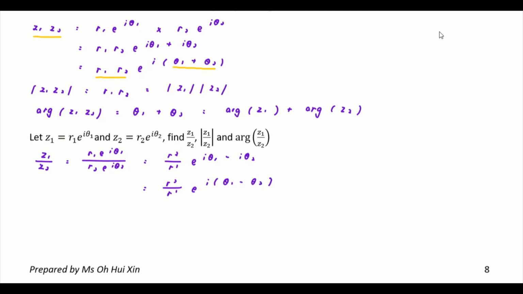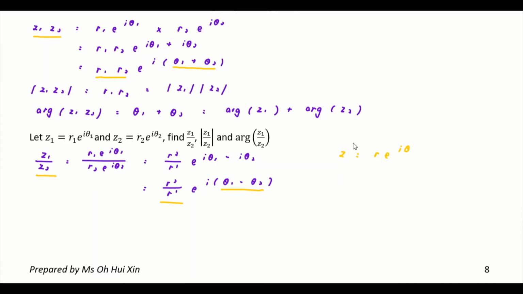It's the same thing as what we did just now. A normal Z will be equal to R e^(i theta). So now my complex number becomes Z1 over Z2, my R here becomes R1 over R2, and my theta here is theta 1 minus theta 2.